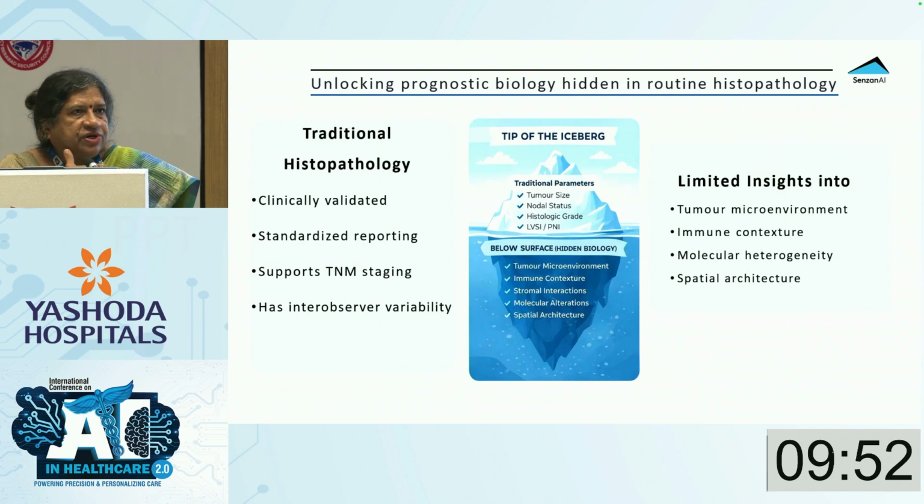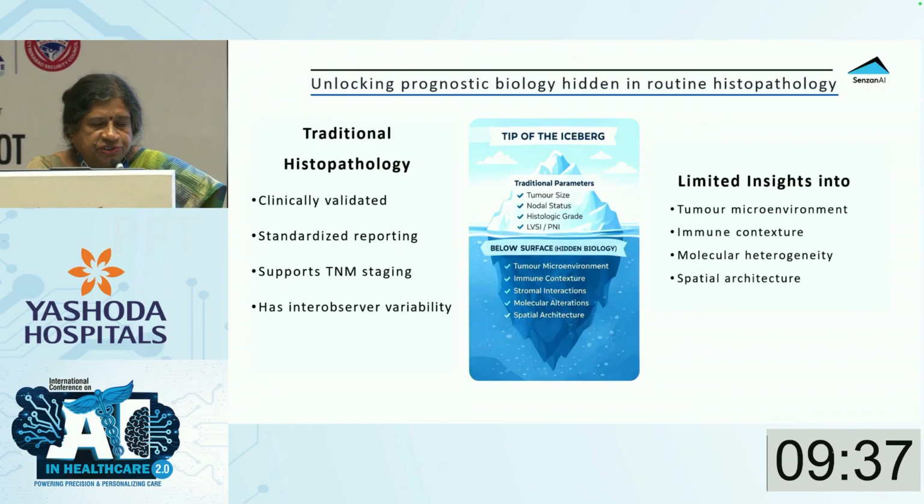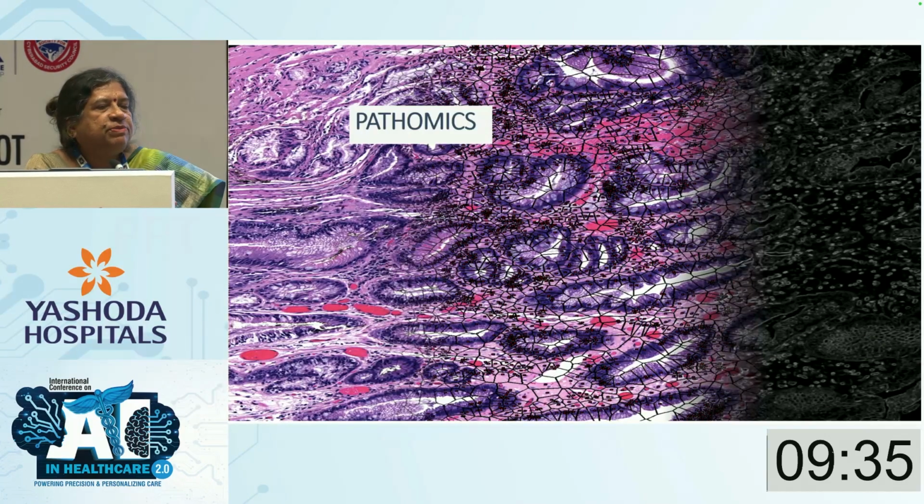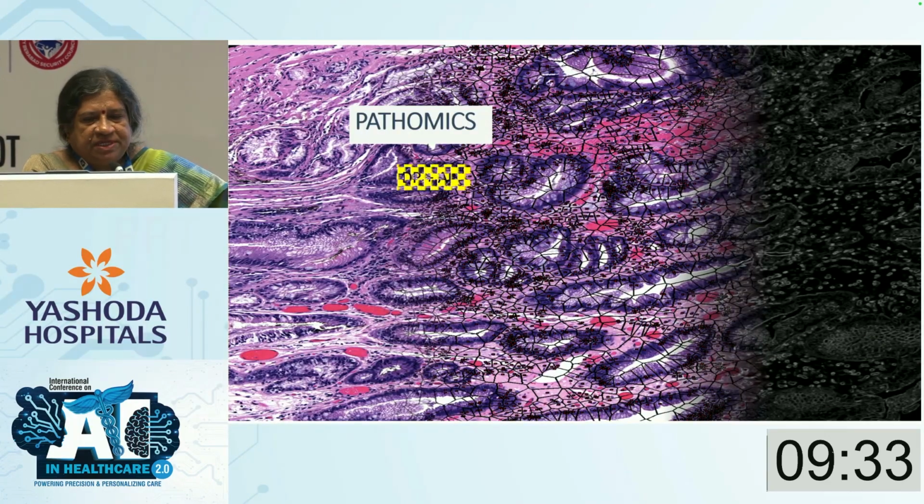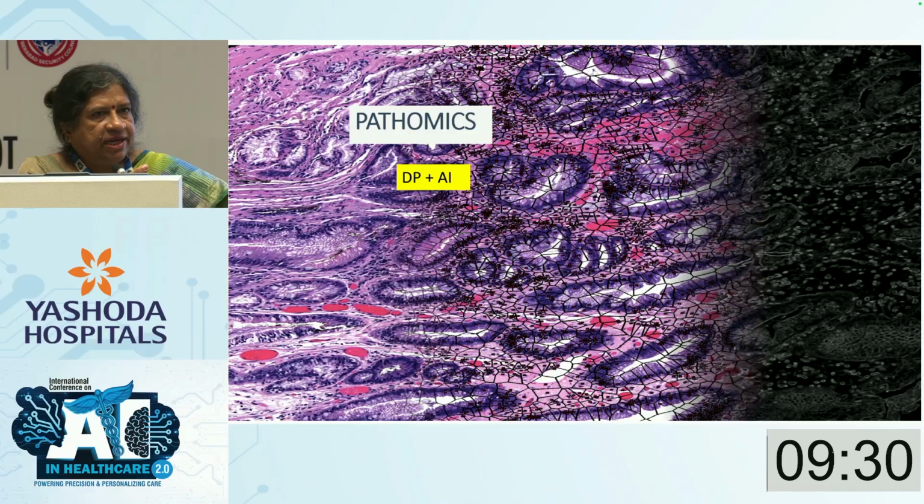So this is what I was saying. We convey traditional parameters to the oncologist, but there is a lot of information hidden beneath, distributed in the tumor microenvironment, molecular alterations, stromal interactions, and immune contexture. This brings me to pathomics, which is basically a combination of digital pathology and AI.